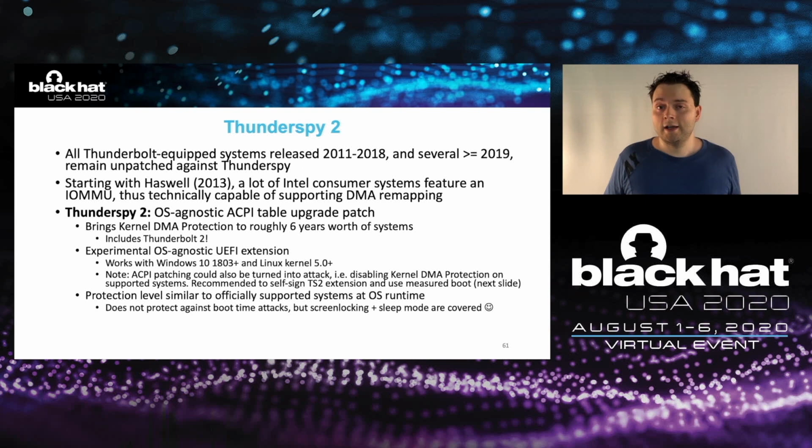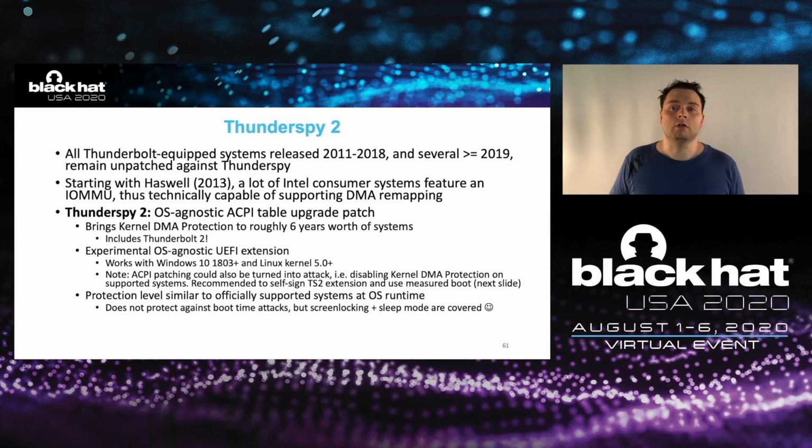So what we're releasing today is Thunderspy 2, which is not an attack, but a proof of concept protection that brings kernel DMA protection to roughly 6 years worth of systems. So that includes all systems that have an IOMMU, including if they provide Thunderbolt 2. And the first implementation that we'll be releasing is an experimental UEFI extension.